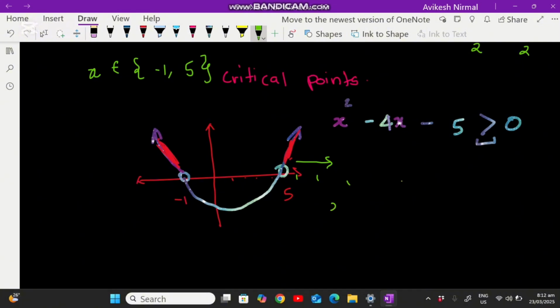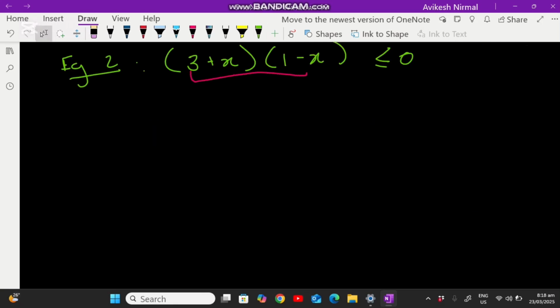So we can say x is greater than 5, or all the x values that are going to the left, which means x is less than -1. So this is a way to list the range, the domain as well. Okay, let's have a look at example 2.